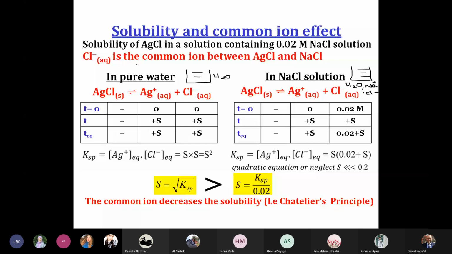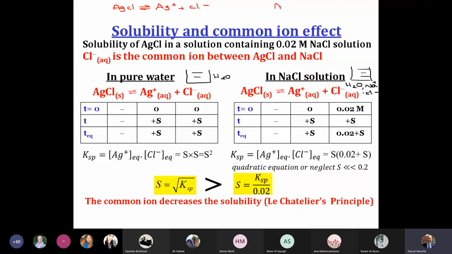In the first, AgCl will dissociate partially to Ag plus and Cl minus.